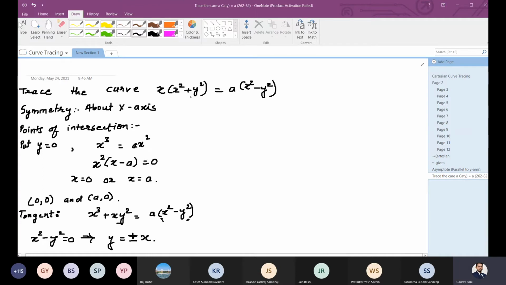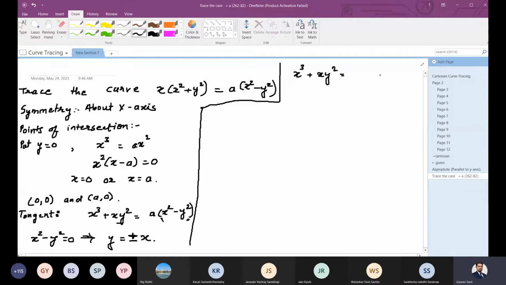Then we have to talk about the tangent at the point a comma 0. For that, we'll take the derivative. So differentiating, we have x cube plus x into y square is equal to a into x square minus a into y square.